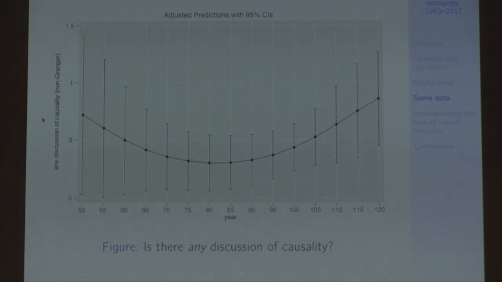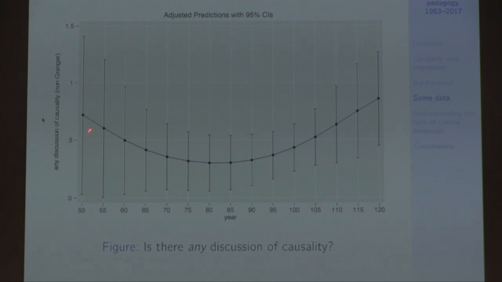So this might be the key cartoon from my talk. If you just remember one thing, remember this. This is the question: is there any discussion of causality whatsoever in the textbook? What goes on is the really early textbooks from the 50s and 60s do tend to include discussions of causality.